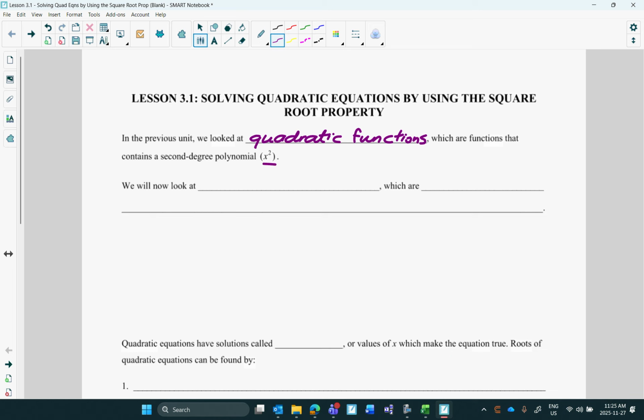Well, it had an x squared in it. That's what made it be called quadratic. So what did we do with these things? Well, we graphed. And then we stated a bunch of their properties, and we found equations of them if we were given the graph. Okay, now what we're going to do is we're going to take a look at quadratic equations.